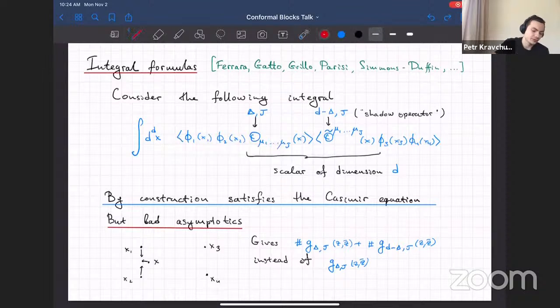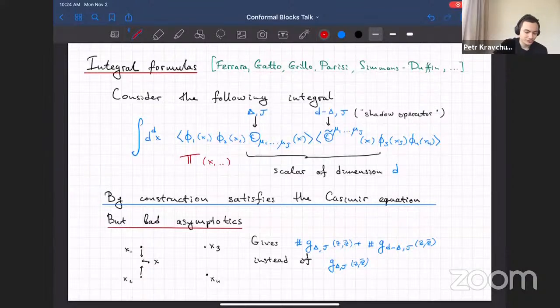What I'm really saying is, let's put here a 3-point tensor structure, and I can choose any quantum numbers for the tensor structure. I'll just choose delta and j. And here I'll put another tensor structure, which will have quantum numbers d minus delta. I know that I introduced a different notation for the 3-point tensor structures, but if I had written these 3-point tensor structures in that way, it would be very hard to understand what I really want to do.